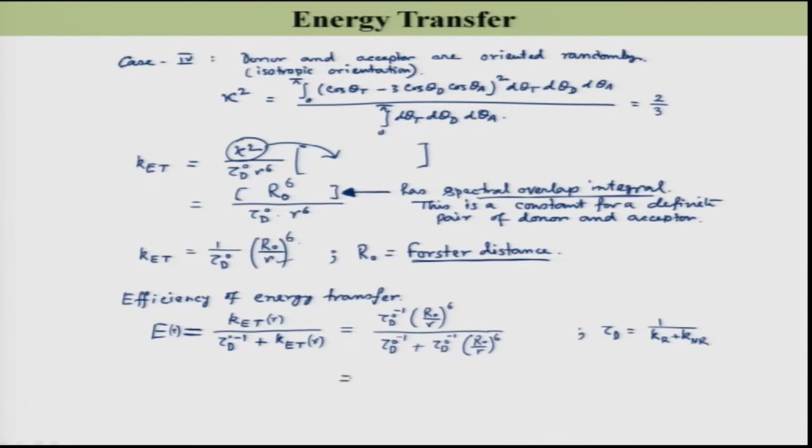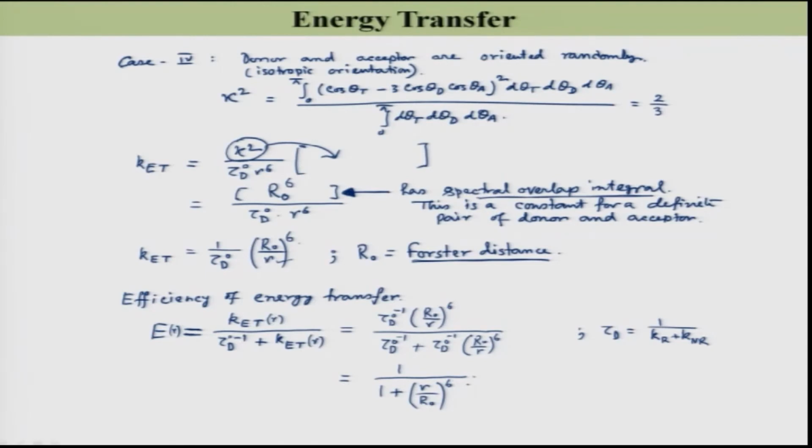If you simplify this expression, what you are going to see is 1 divided by 1 plus r by r 0 to the power 6. So the efficiency of energy transfer is something like this.